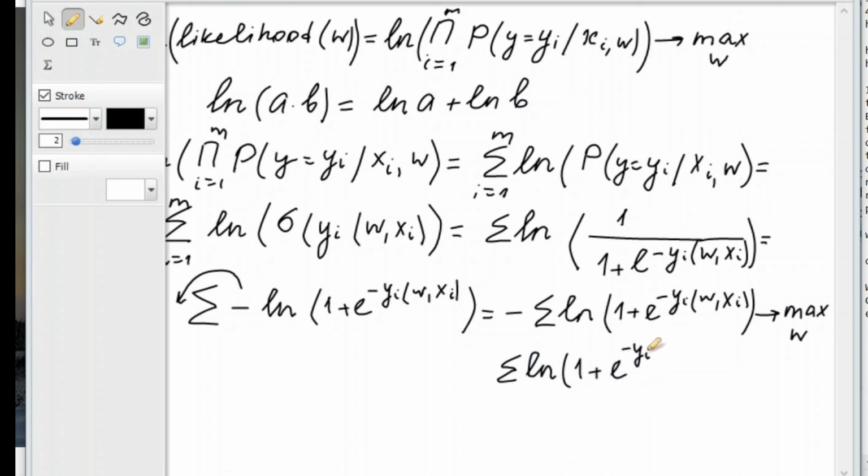And we get an equivalent optimization problem of minimization. Also, let me remind you that the natural logarithm can be expressed in terms of the logarithm base 2.